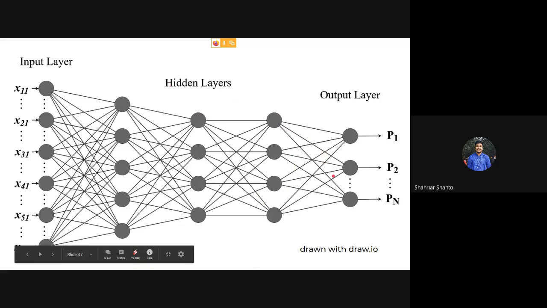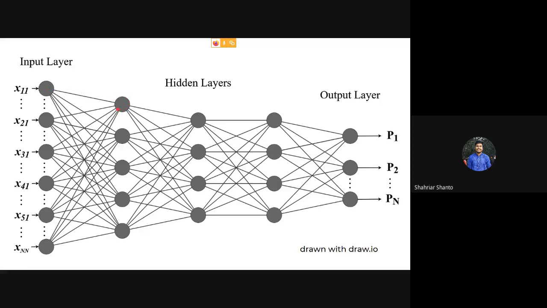So let's focus on these specific neurons, because there is no calculation going on here. Just the input we give is passed on to this neuron. The actual calculation is done in the next layer.